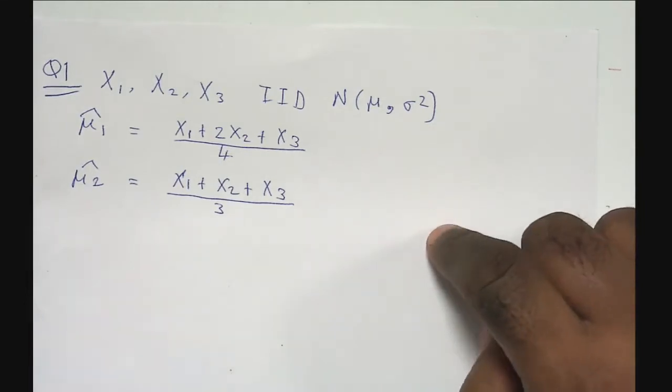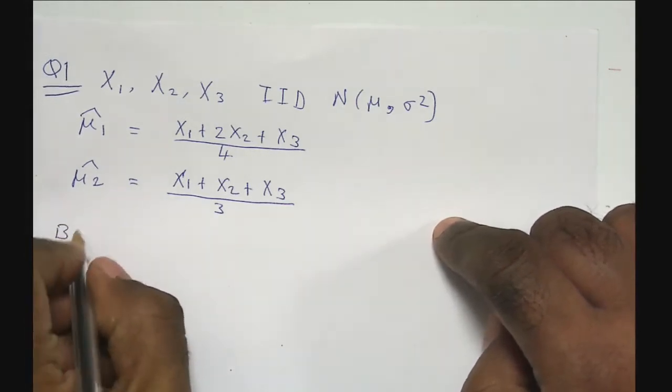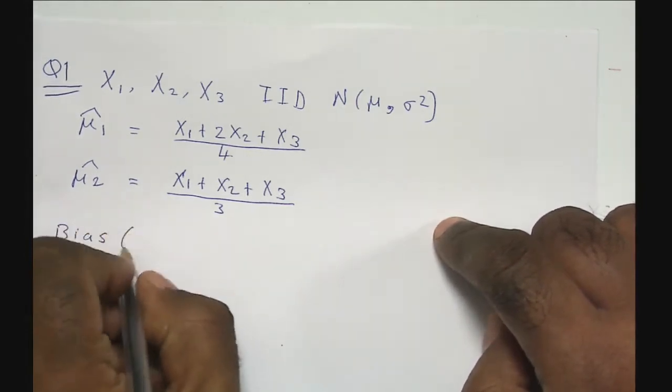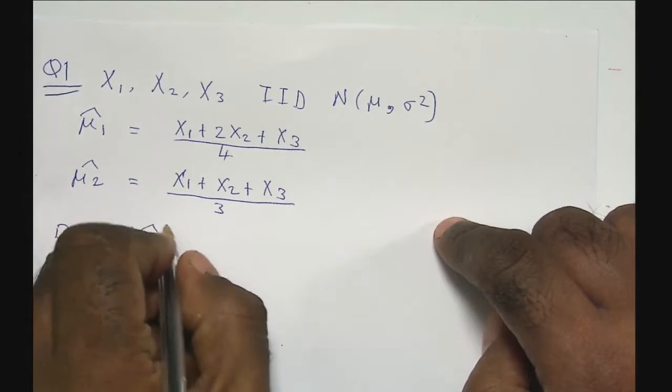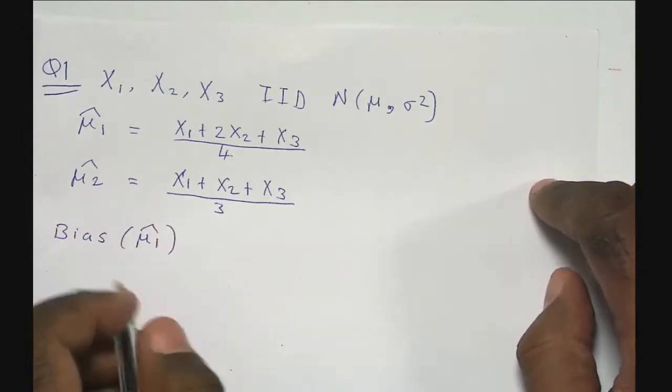Remember, there are two criteria you need to look at. One is the bias, the second is the MSE. So let's look at bias first. I'm going to compute the bias of mu1 hat and the bias of mu2 hat.